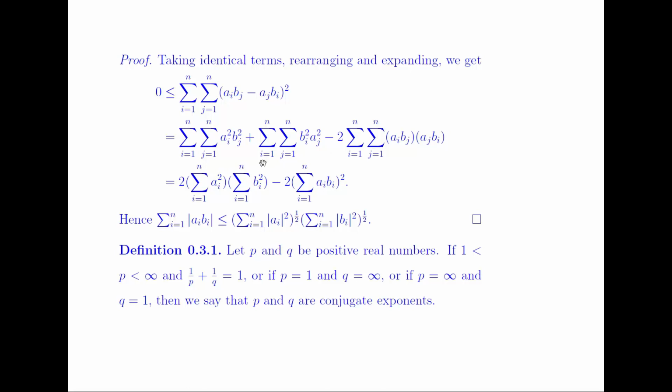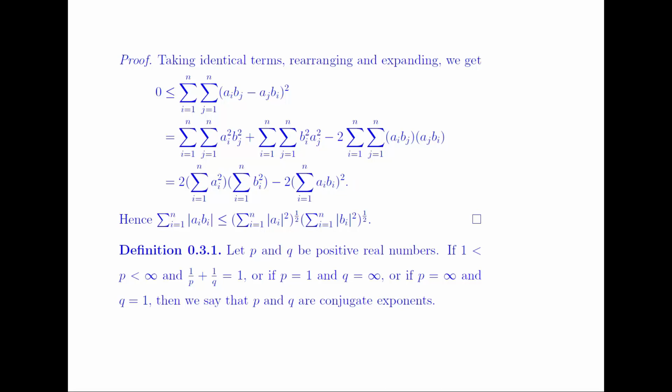These terms can be written as 2 times the summation of a_i square, summation of b_i square, minus 2 times the summation of a_i b_i whole square.